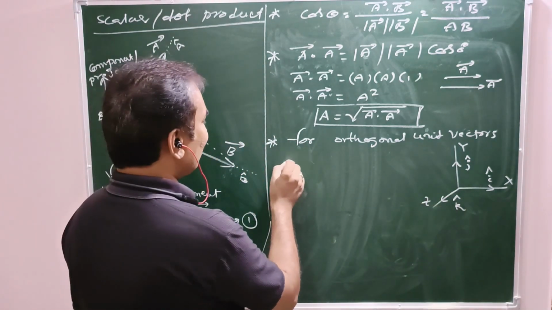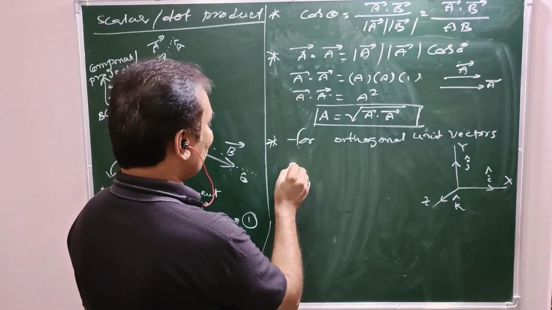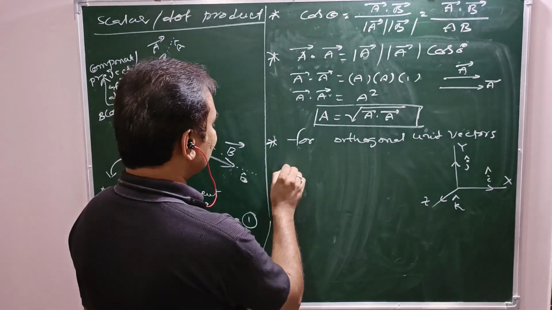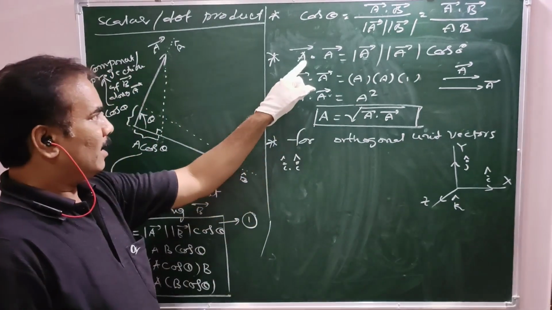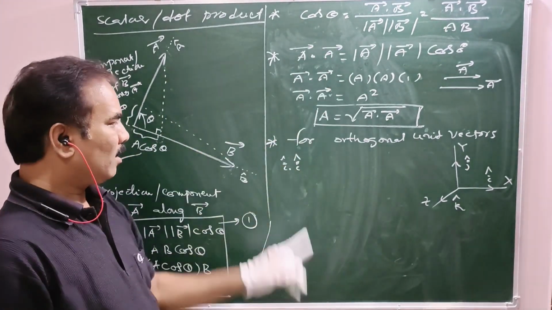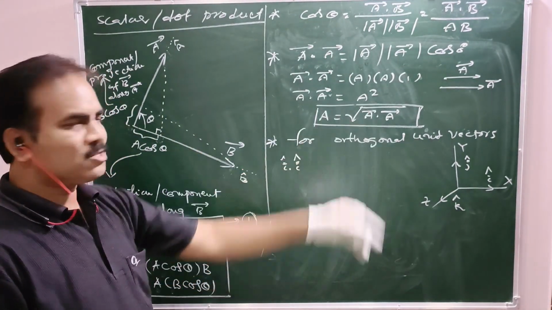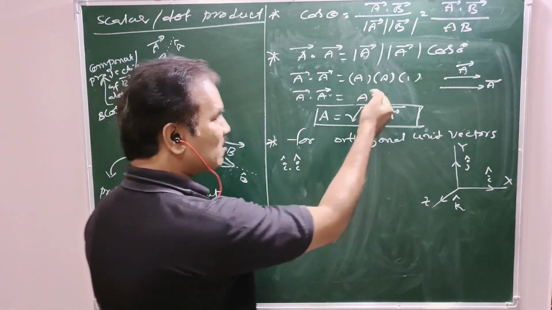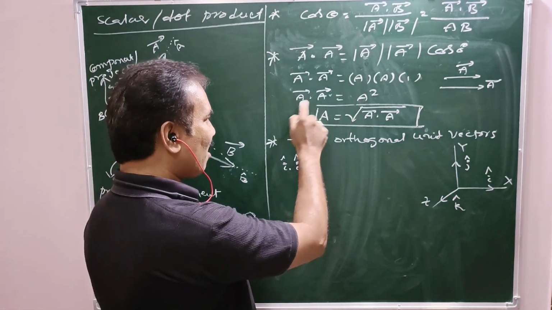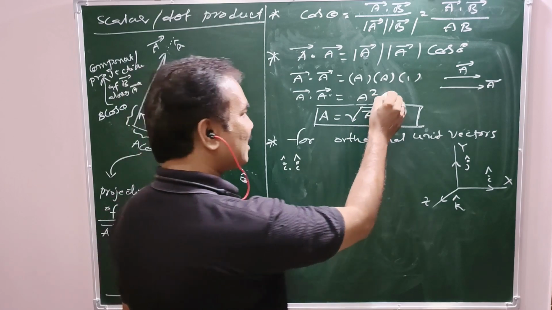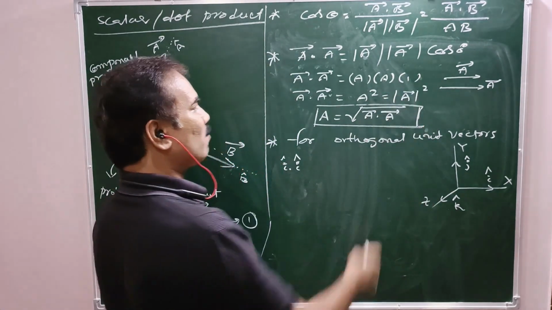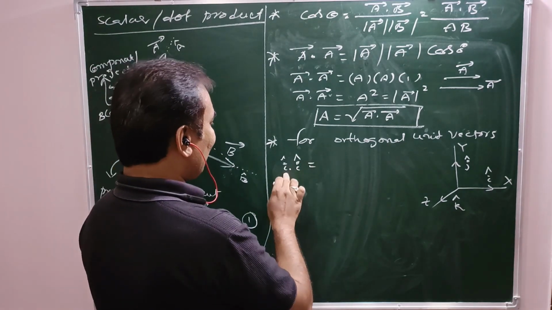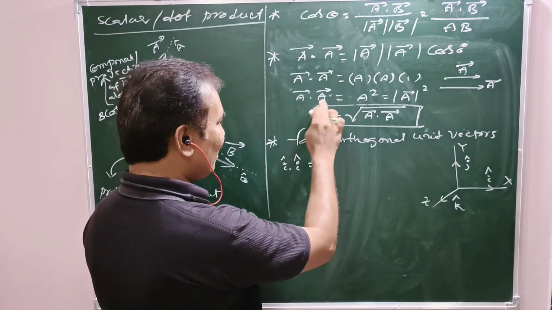Now let us see what is the value for i dot i. See, a bar dot a bar means a square. i dot i means i square, mod i square. A square means mod a square, a bar dot a bar. Mod a square in the sense mod a bar square. Similarly here, i dot i means a dot a means a square.